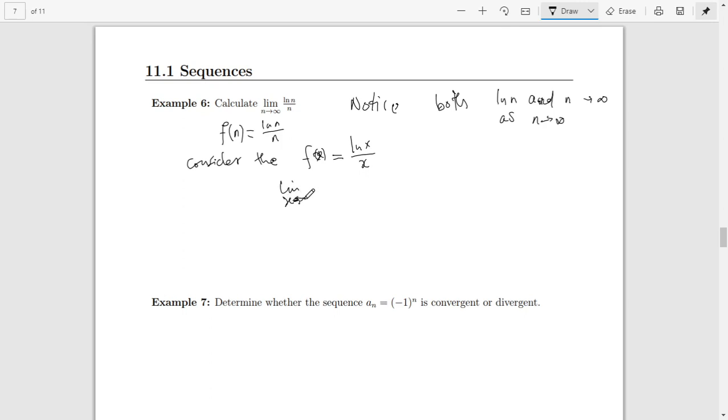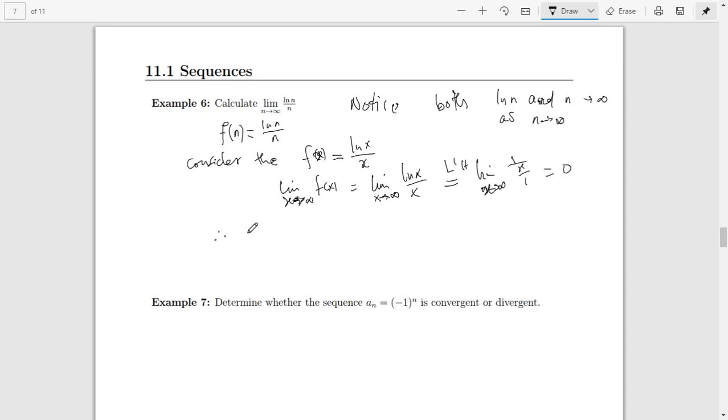We can actually apply L'Hopital's rule to this because the function is continuous. The limit as x goes to infinity of f of x will be equal to the limit as x goes to infinity of ln of x over x, and this will give us an indeterminate form, so we can apply L'Hopital's rule here. If we apply L'Hopital's rule, we are going to get the limit as x goes towards infinity of 1 over x divided by 1, and this basically will give you 0.